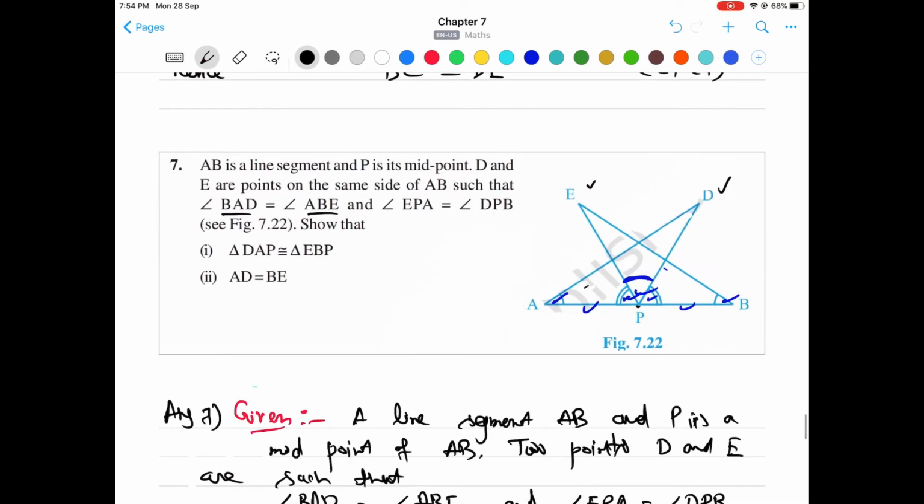Okay, as I said, we are given two corresponding sides equal and one corresponding angle equal, but we only have to show that the third angle is also equal.